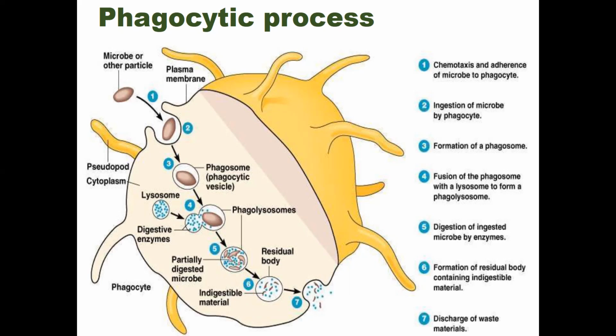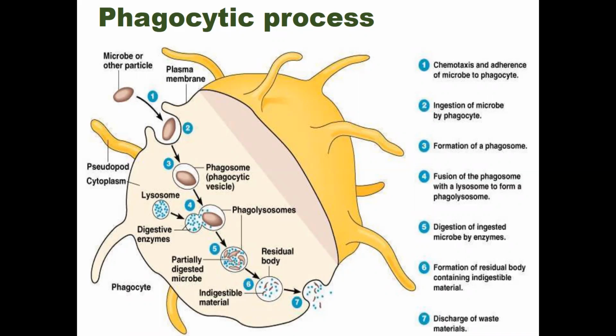Taxis means movement and chemo means chemicals. So movement towards, or attracted to, chemicals is called chemotaxis. Now I think the total phagocytic process we can divide into several phases.